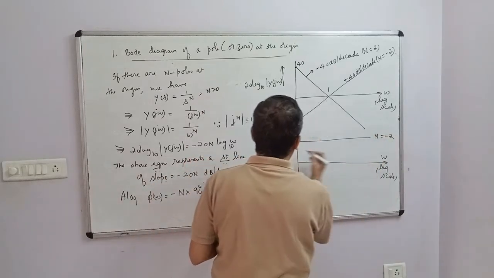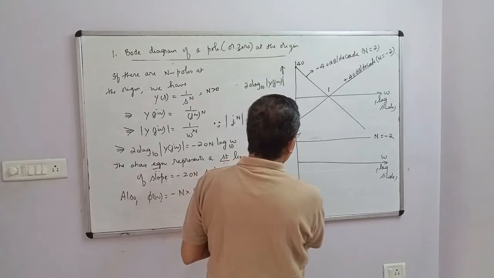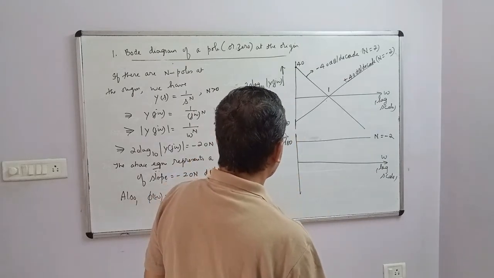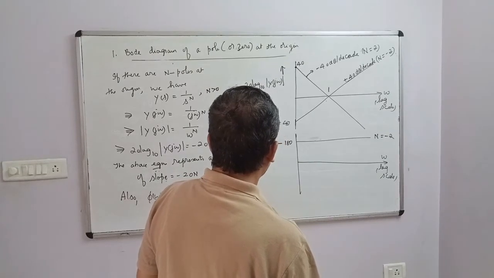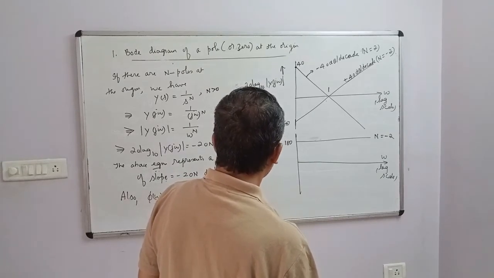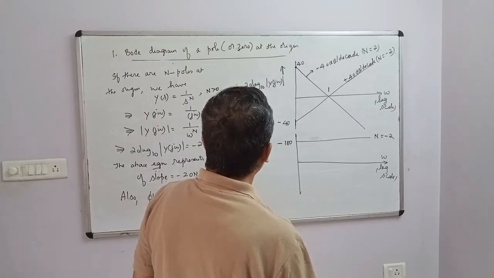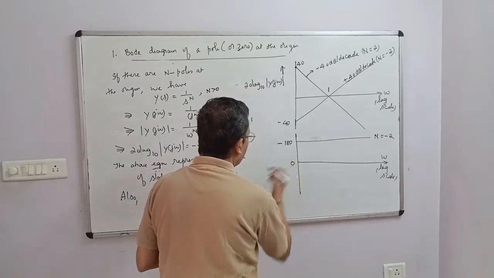When n is minus 2, the angle is, when n is 2, this is actually 0 degrees.